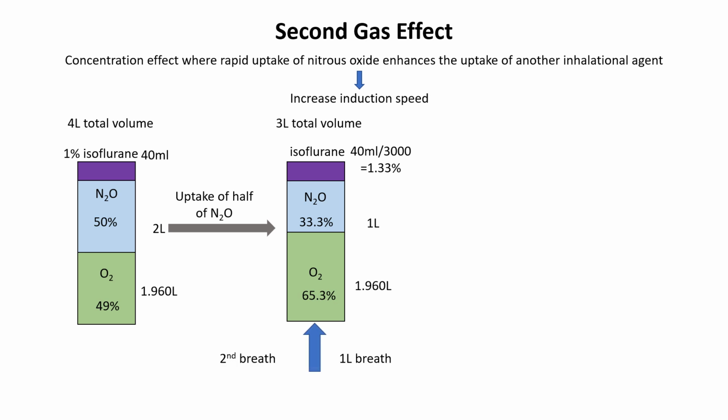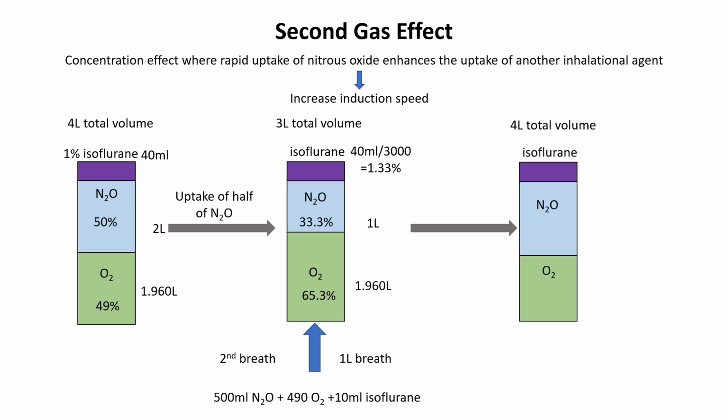Due to the subatmospheric pressure created in the alveoli, a further 1 liter of the gas mixture is inhaled during the second breath, which contains 10 milliliters of isoflurane, 490 milliliters of oxygen, and 500 milliliters of nitrous oxide. Therefore, the new alveolar concentration of isoflurane is 1.25%.